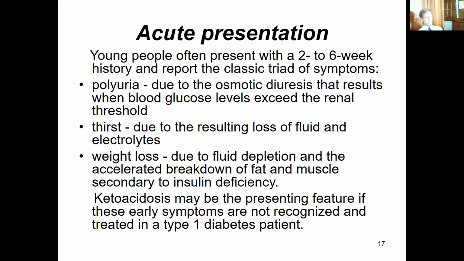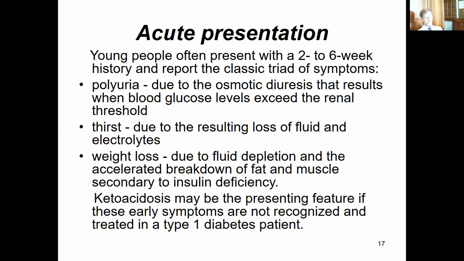What is ketoacidosis? Why does it happen? Again, remember biochemistry. We know already that patients with diabetes, especially type 1, have intensive breakdown of fat to use it as an energy source.